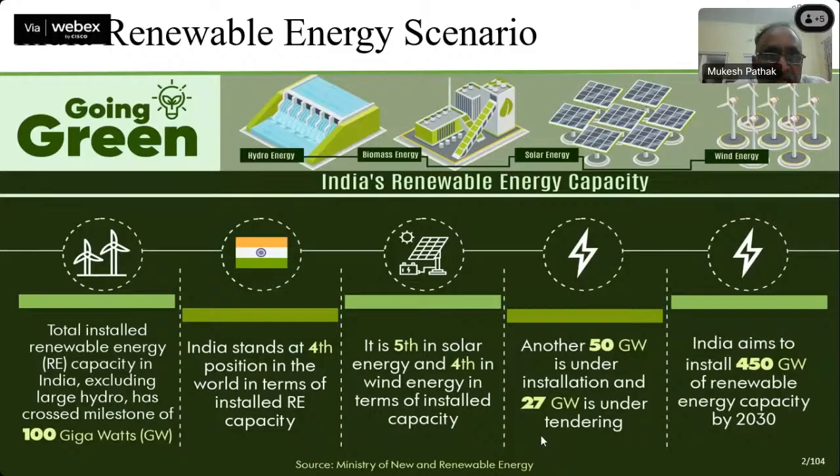So as we see today, the renewable energy scenario in India is fast changing, and as per the Ministry of New and Renewable Energy, we have crossed the milestone of 100 gigawatt of renewable energy installation. So the installed renewable energy capacity in India is now more than 100 gigawatt. And as things stand, we are at fourth position in the world in terms of total installed capacity of renewable energy. Solar is fifth, and for wind we are at fourth position.